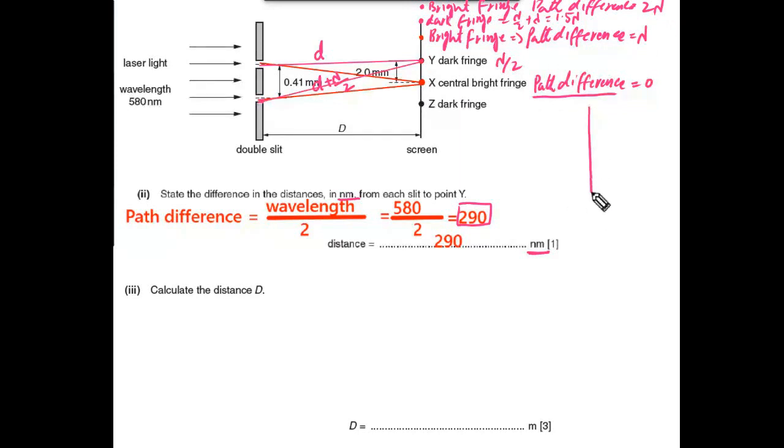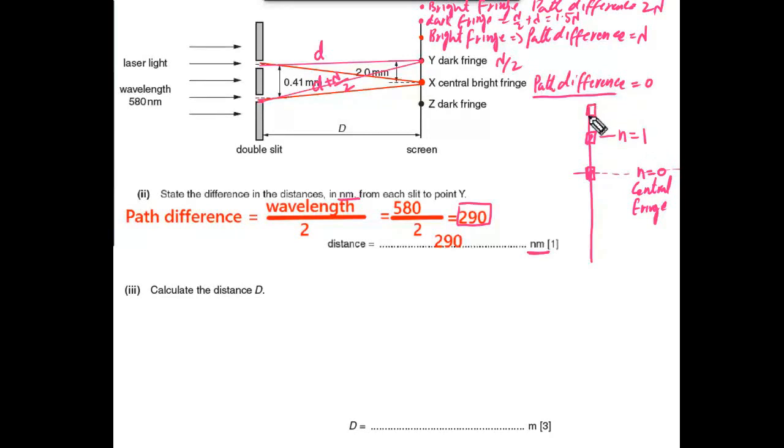So I can draw a line here for you. Let me write down a little bit more numbers. Let's say this is the center bright fringe. For this one, we say n is equal to 0. Often we write it like this. This is the next bright fringe, for which n is equal to 1.